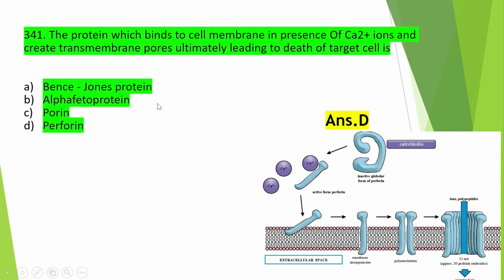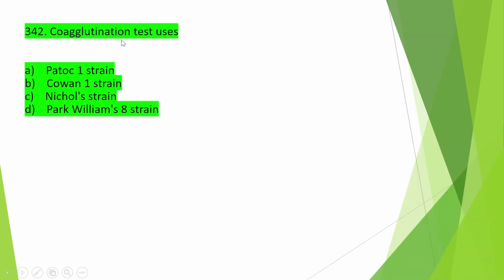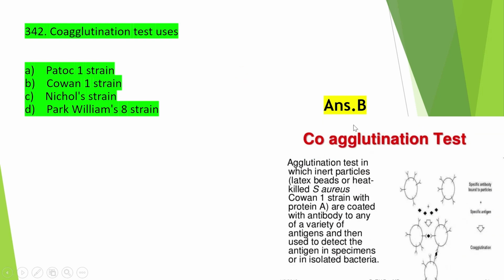So the next question is, coagglutination test uses Potak 1 strain, Cowan 1 strain, Nichols strain or Park Williams 8 strain, and the right answer is option B, that is Cowan 1 strain. So coagglutination test uses Cowan 1 strain. So what is coagglutination test?